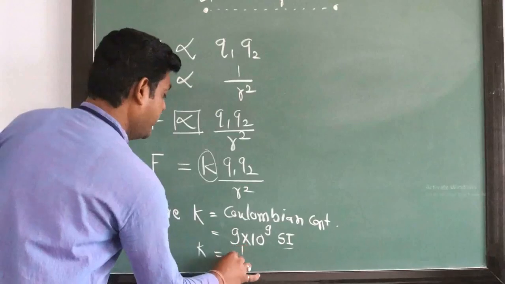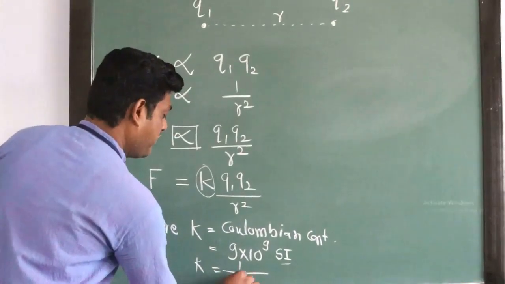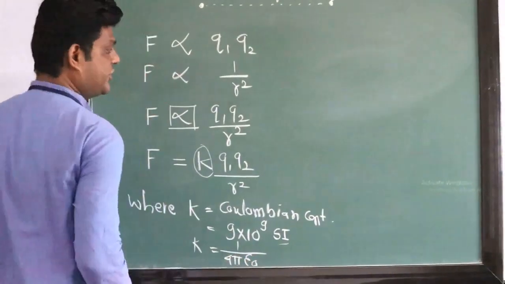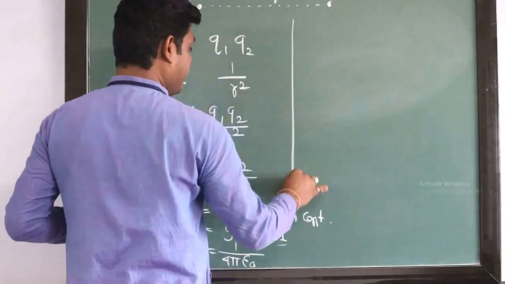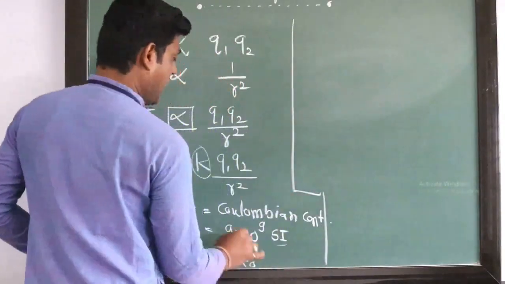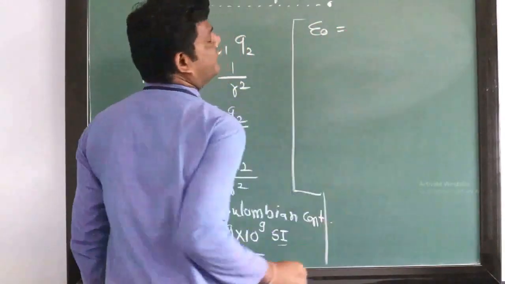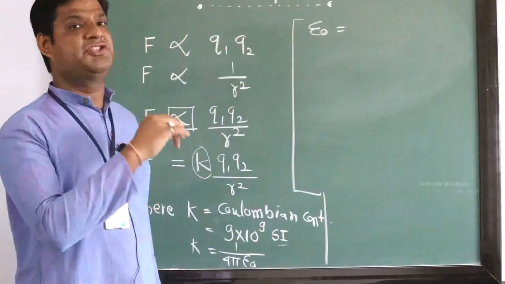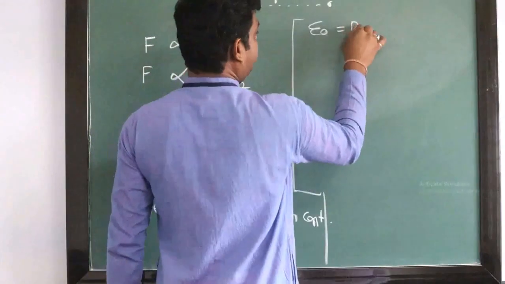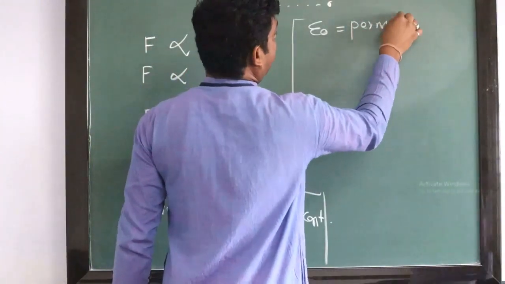So this is the Coulombian constant, 9 times 10 to the power 9 SI, or we can also write k equal to 1 divided by 4 pi epsilon 0. Now, what is this epsilon 0? Epsilon 0 is known as the permittivity of free space.